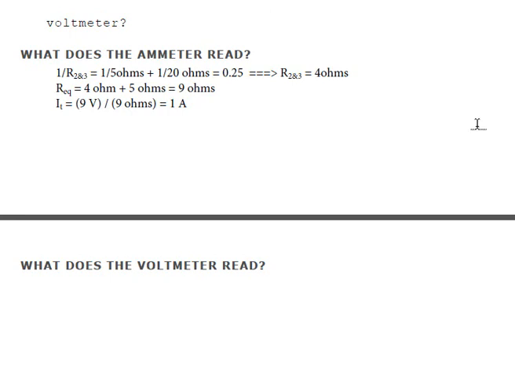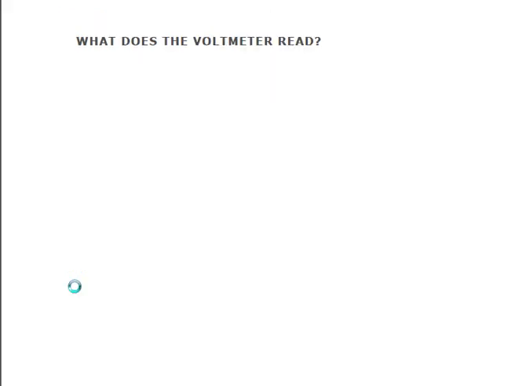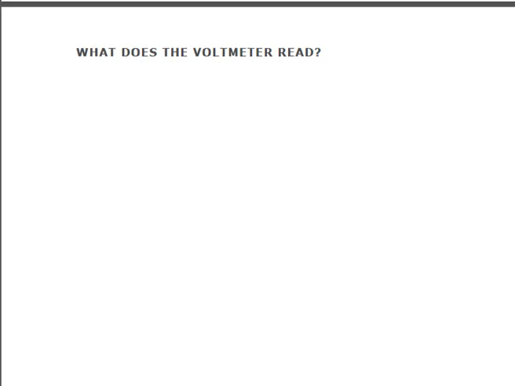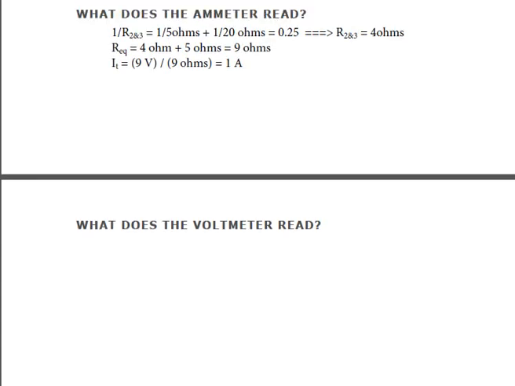Alright, so what we're looking for here is a potential difference. So what does the voltmeter read? Essentially, we're asking what is the potential drop across 3.